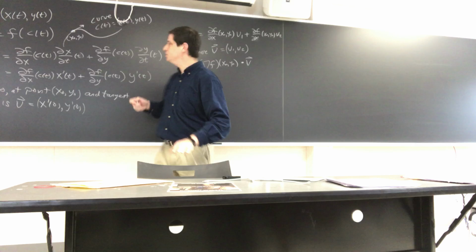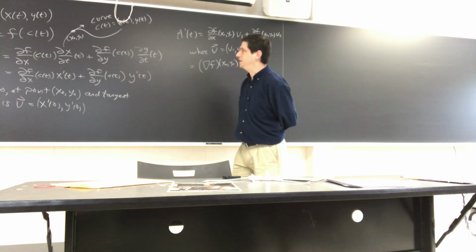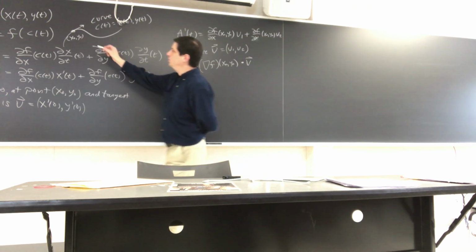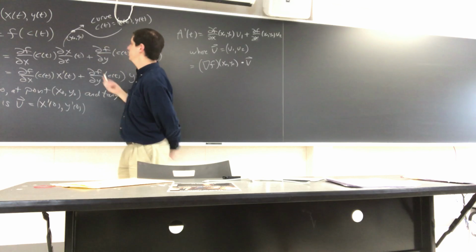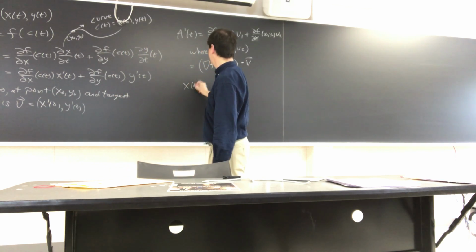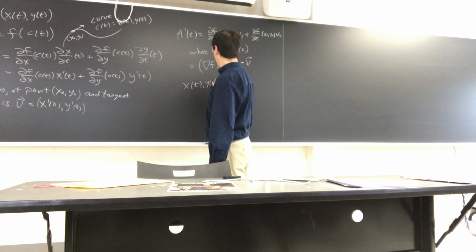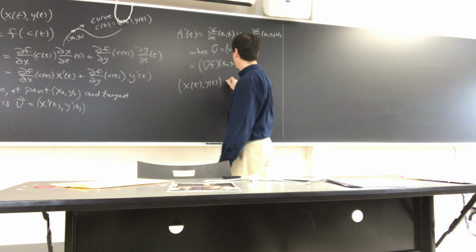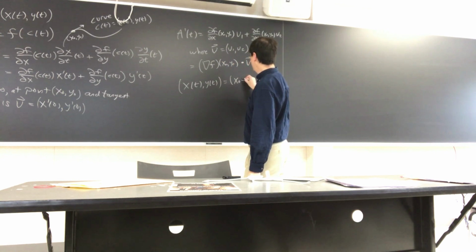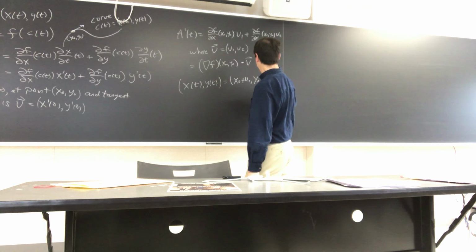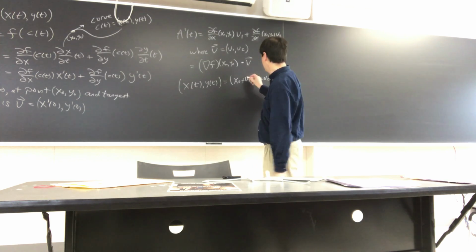So all you really need to do is go through and see that this really is the same. So imagine you take the straight line curve. So we're now taking, say, the curve x of t, y of t equals x naught plus v1 t, y naught plus v2 t.